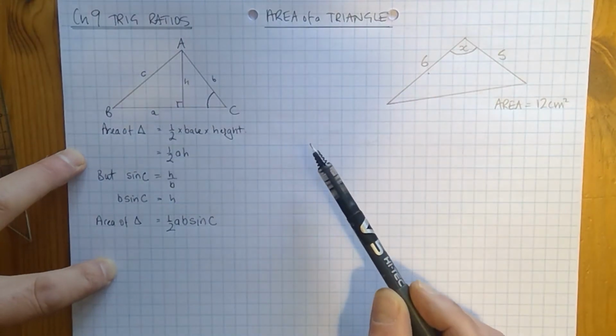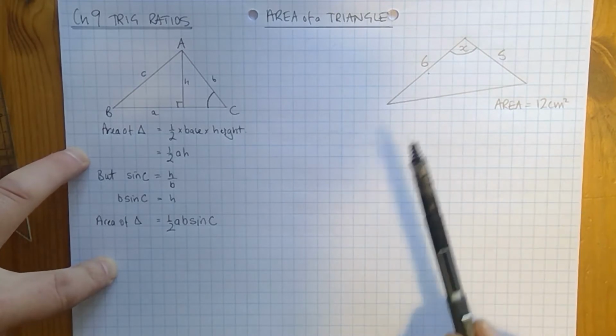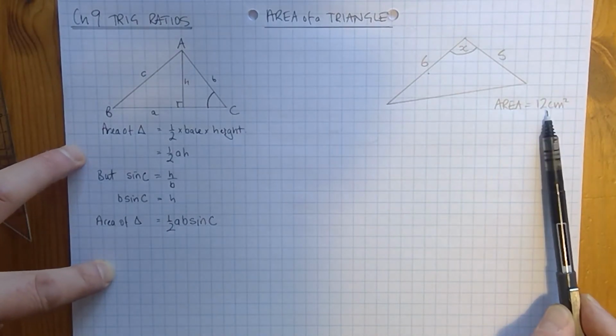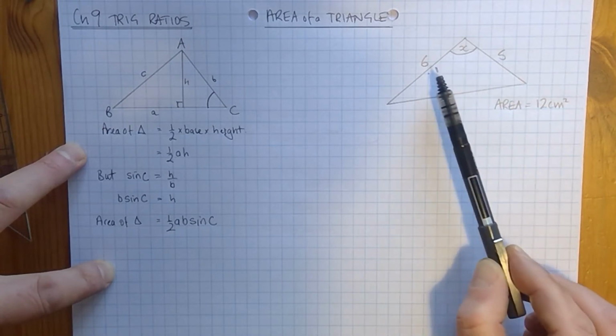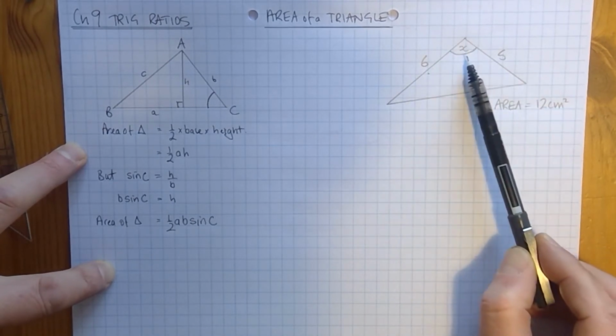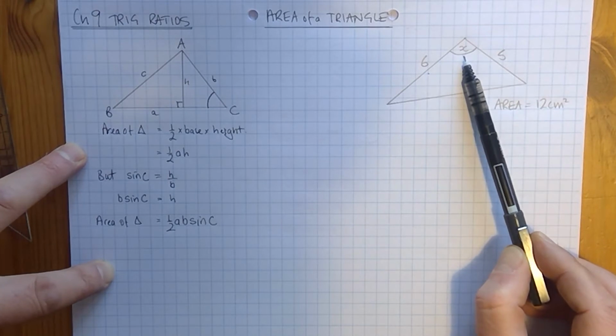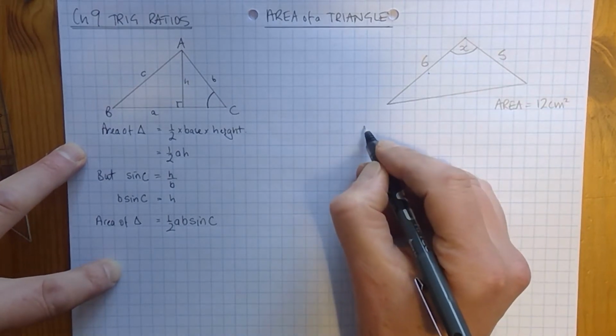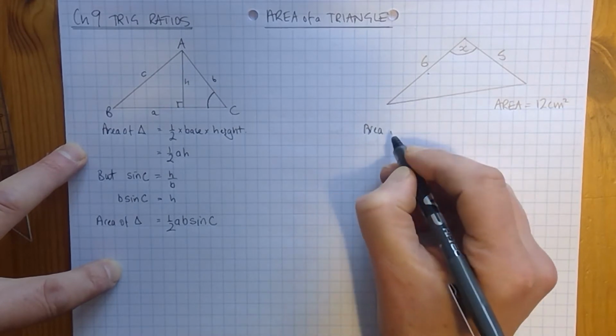I'm going to look at the second example in the textbook, which looks like this. In this particular one, we are given the area of the triangle. We're given the two sides. We have to find what the angle is. So let's start off with area of a triangle. Start off with our formula.